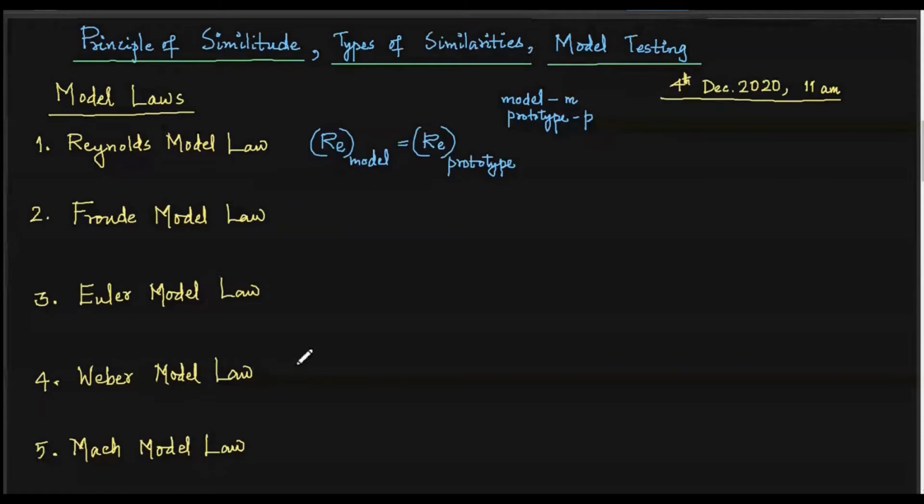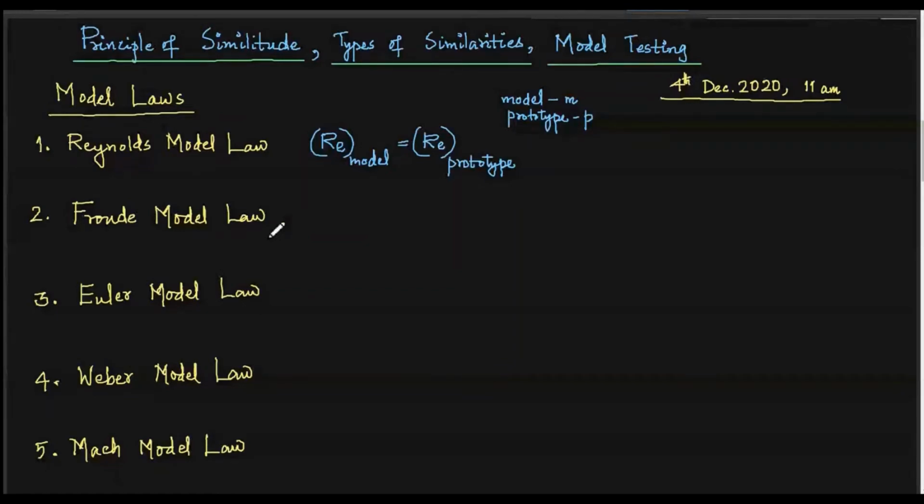Since the various forces involved in different flow contexts are different, out of these model laws, certain ones will be very relevant for certain types of models. For example, if you want to make a model of a ship and test it, Froude model law is very much applicable, because the ship's region of operation is sea or ocean.